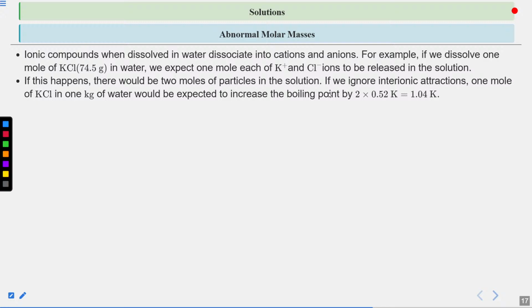Now, as a consequence of this, if we ignore the inter-ionic interaction, then 1 mole of KCl in 1 kg of water will give double the expected value. Since there are now two particles, if the expected value of elevation in boiling point was 0.52, it will now be 1.04 Kelvin.